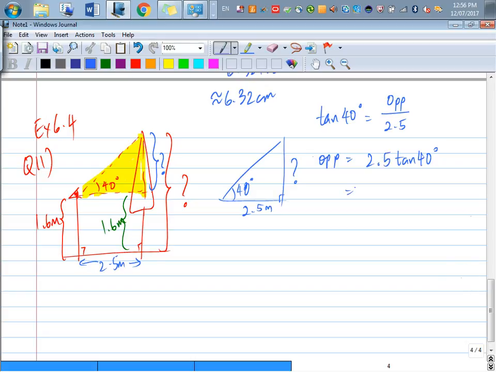Get the value. Yep, 2.0977 meters. I do not want to round it off because this is an intermediate step.